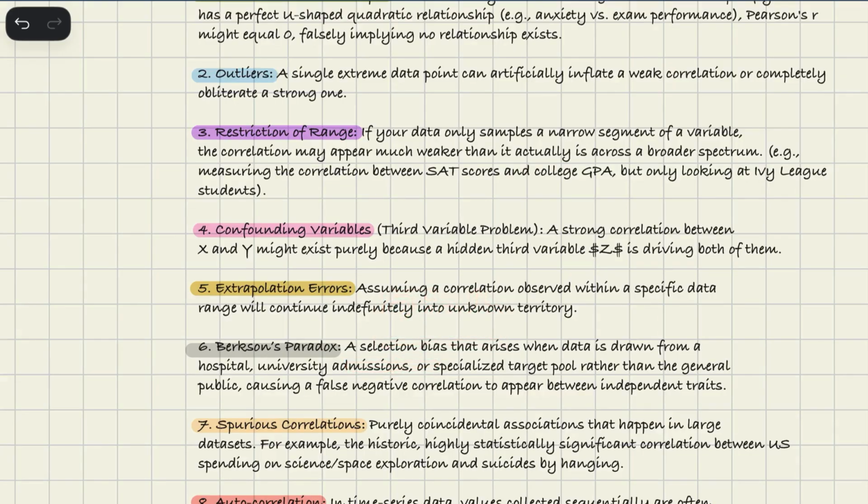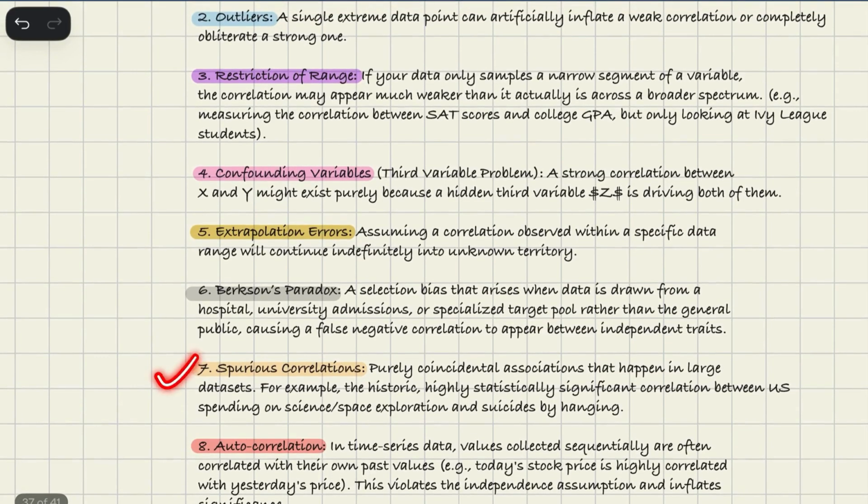Next comes spurious correlation. Okay, so in the age of big data, if you run correlations on millions of random variables, you will find purely coincidental associations that are highly statistically significant but completely meaningless.